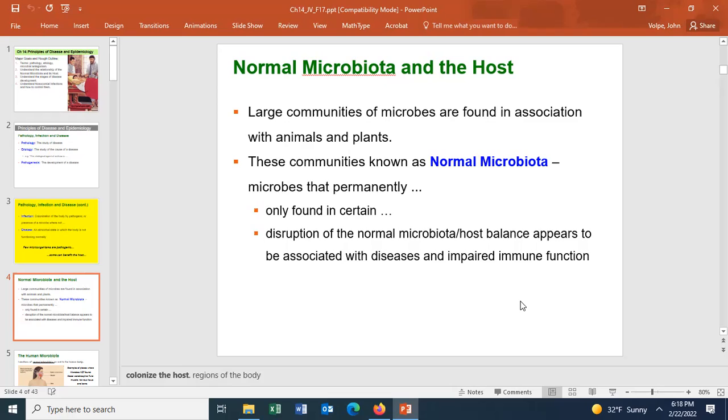The normal microbiota, such as Staphylococcus epidermidis, is only found in certain regions of the body, such as the skin in this case. If it's found in other regions of the body, it's not supposed to be there and it can cause disease, such as in a puncture wound in the internal tissues. I don't know if Staphylococcus epidermidis can cause pneumonia, but if it were to grow in the lungs, it would definitely cause pneumonia.